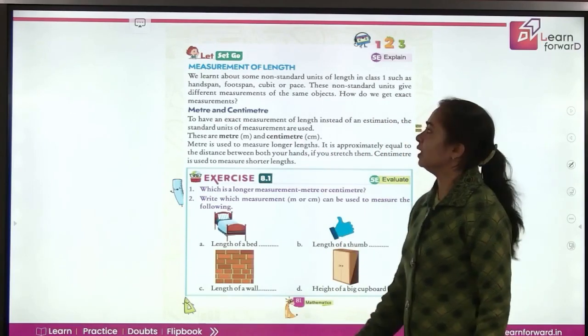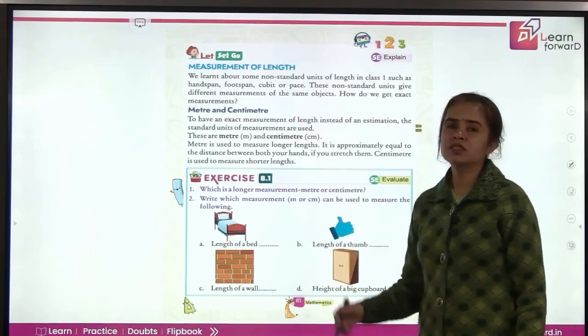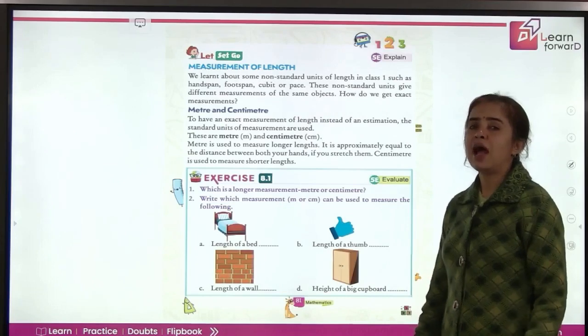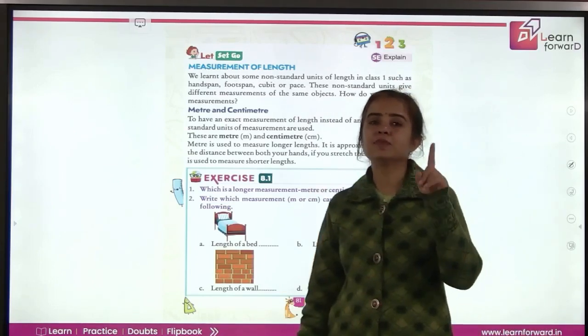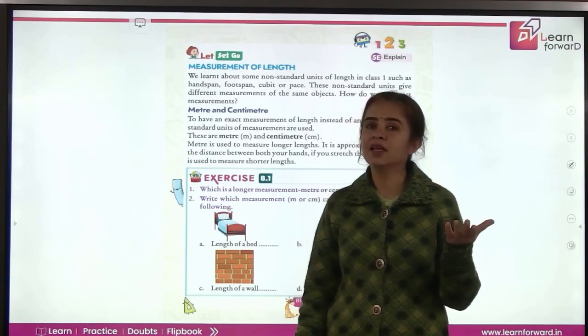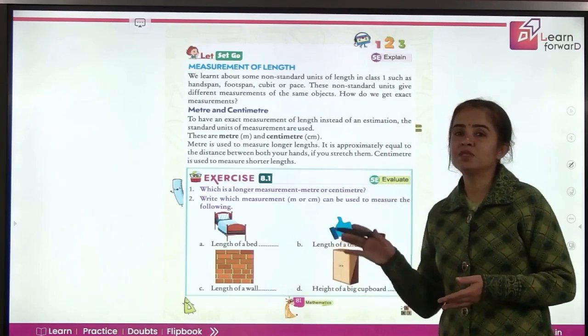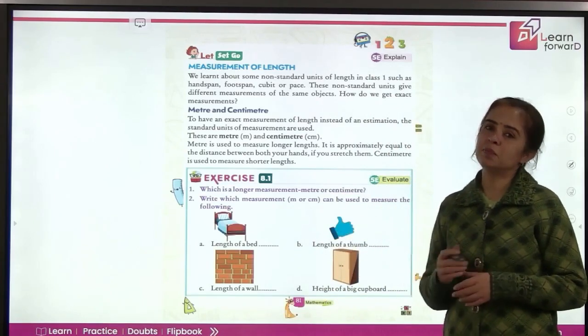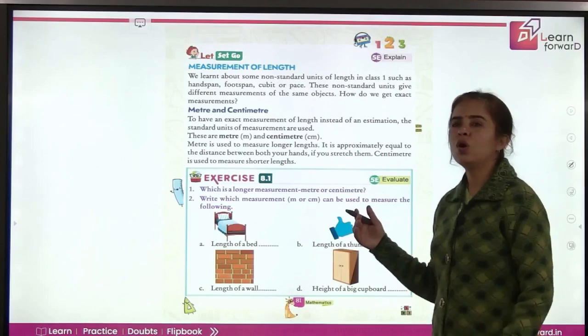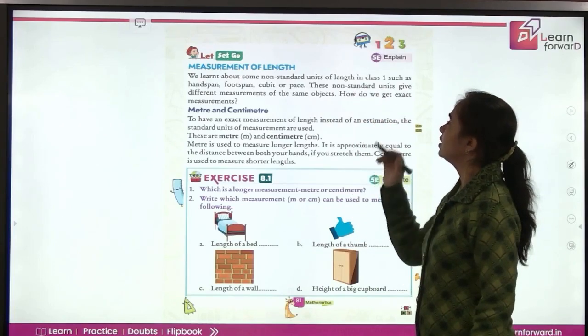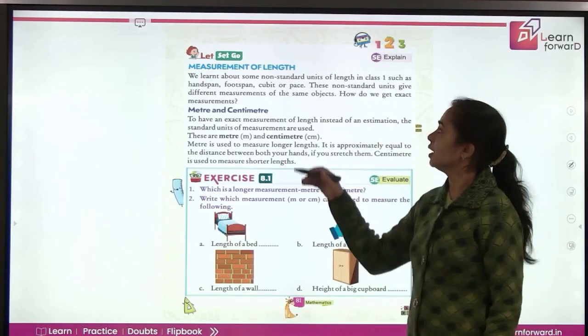Measurement of length. So we learnt about some non-standard units. If you remember, I told you about cubit, the handspan, the finger for measuring. Yes, even the steps and the foot spans and the paces. So these are all non-standard units of measuring length that we have studied in class 1.